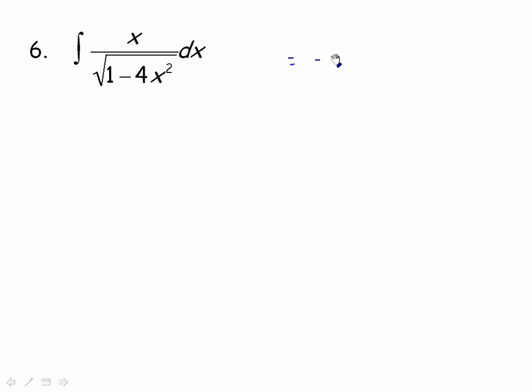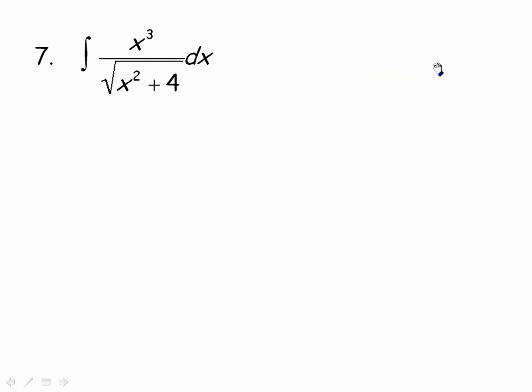This should be negative 1 over 4 times the square root of 1 minus 4x squared plus c. So feel free to check that one out, but this too is like some of the earlier ones.